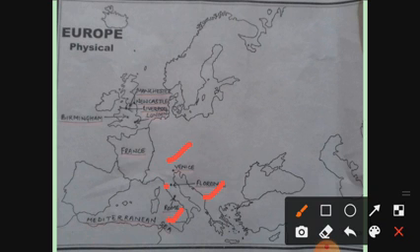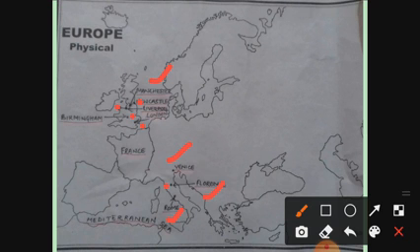And I have marked important iron ore and coal deposit centers or manufacturing centers of England here also. So here is Manchester, Newcastle is here, then Liverpool is here, London is here, and Birmingham is here.